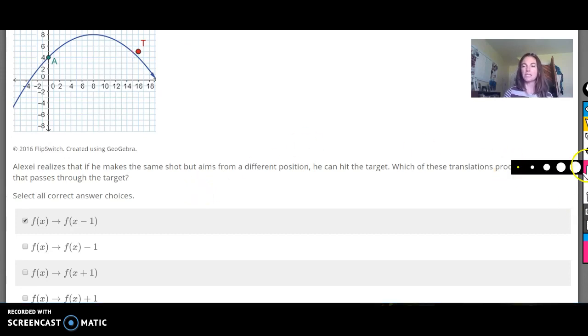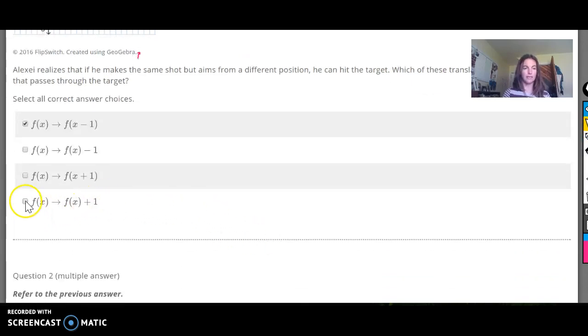Another way is to move the graph up 1. Our vertical shifts are much more intuitive with translations. That would be the entire function plus 1.